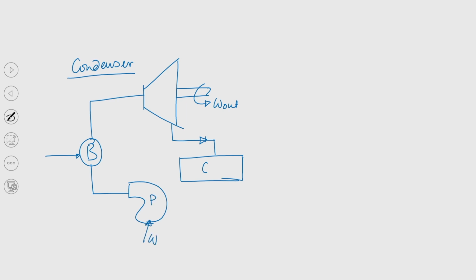So this is W in, this is Q in, so this is 1, 2, 3 and 4. So, this is Q out.